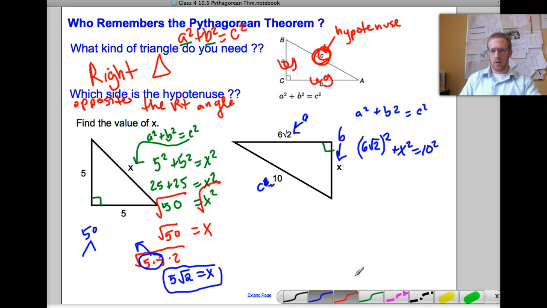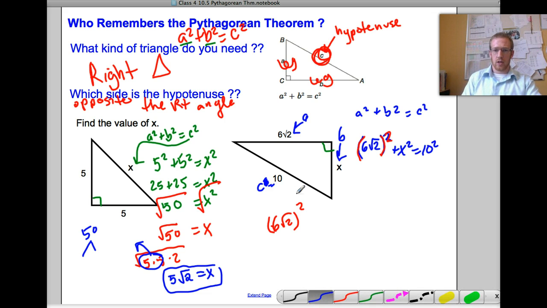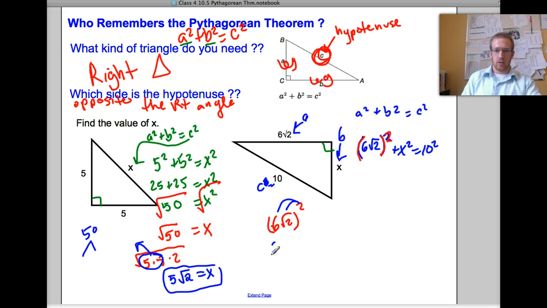So I'm going to do this part right here kind of off to the side so that you don't get lost in what I'm doing here. So that is 6 root 2 squared. So I've got to apply that exponent to each of the numbers in there. So that's really a 6 squared times root 2 squared. So it's a 36. The square root of 2 squared is just 2.